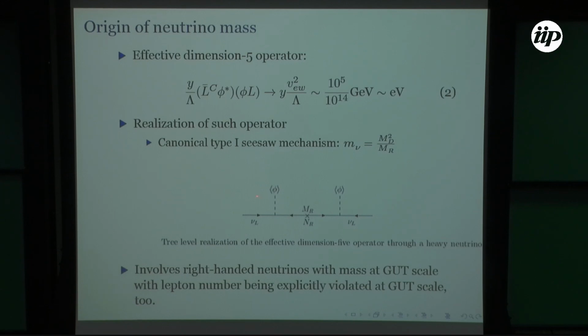Okay. So at the end of the day, this process here realizes the seesaw mechanism. But in the type 1 seesaw mechanism, the right-handed neutrino or sterile neutrino is very heavy, at the GUT scale. This doesn't serve to explain the SBL anomaly.